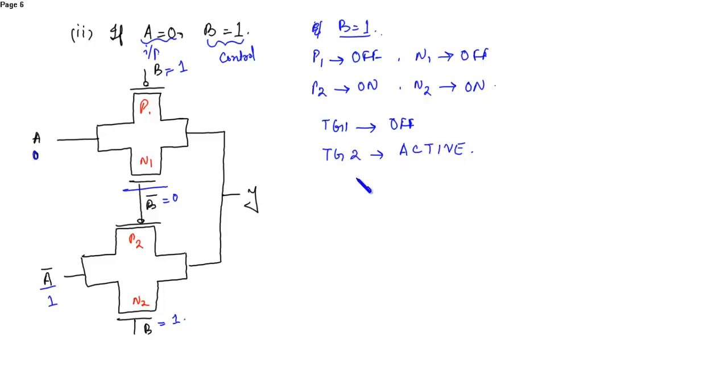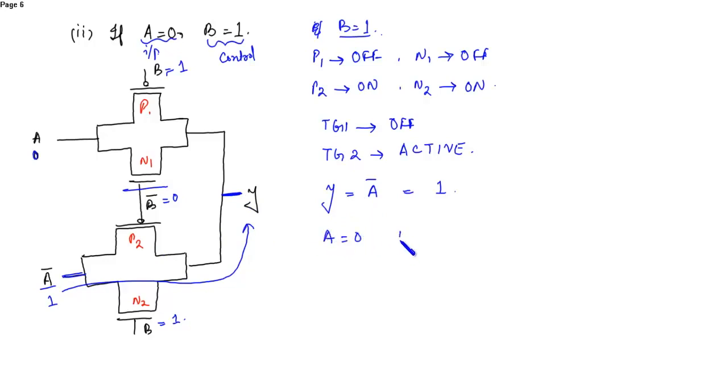Okay, so when transmission gate is active, so Y will be same as the input, that is A bar, that is equal to 1. Whatever the value will be at the input will obtain the same at the output. So here A bar is obtained at the output.